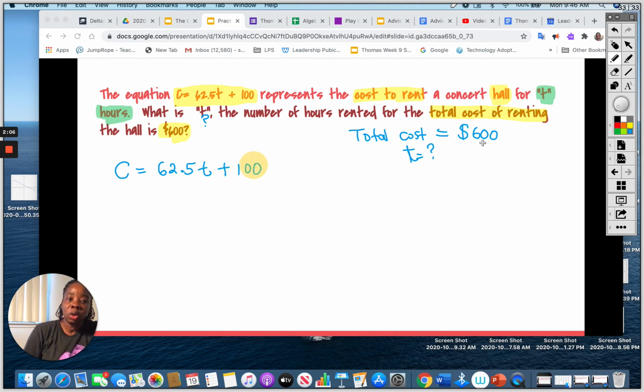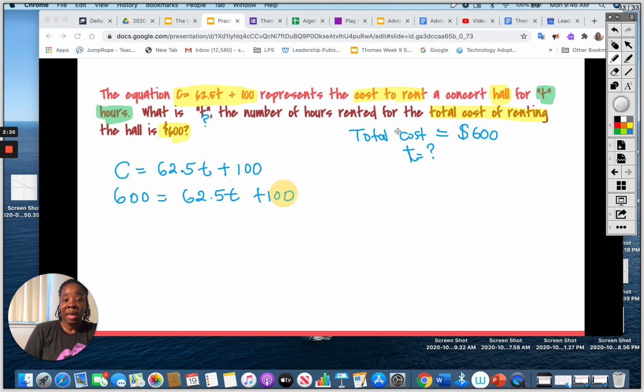Now I know total cost is 600, so I'm going to replace that C with 600. So my 600 is now equal to 62.5T plus 100. And now I can start my solution process.